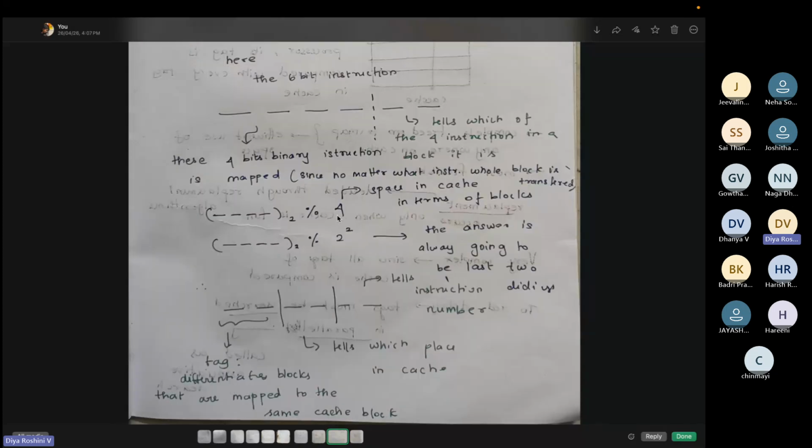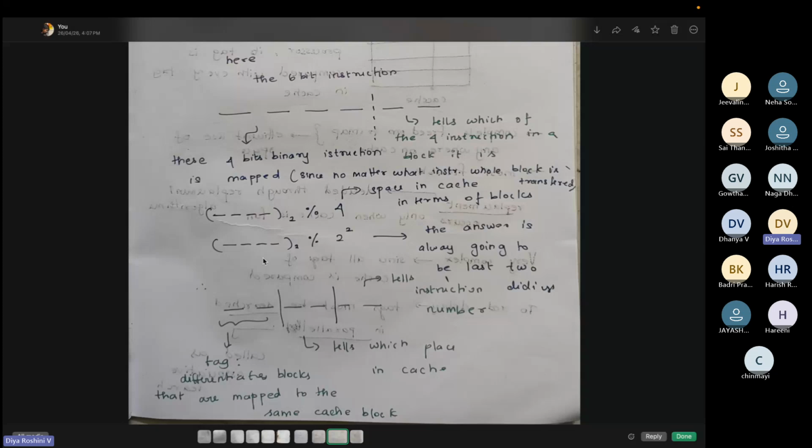Now 4 is 2 power 2. Simple, right? So you can convert this 4-bit binary to decimal, then apply the mod. But if it's binary, it's actually pretty easy, because whatever the power of 2 is, if it's 2, then the last 2 bits are going to be your answer.